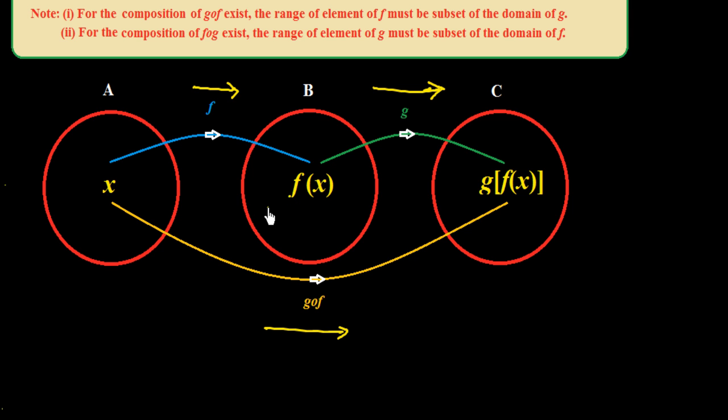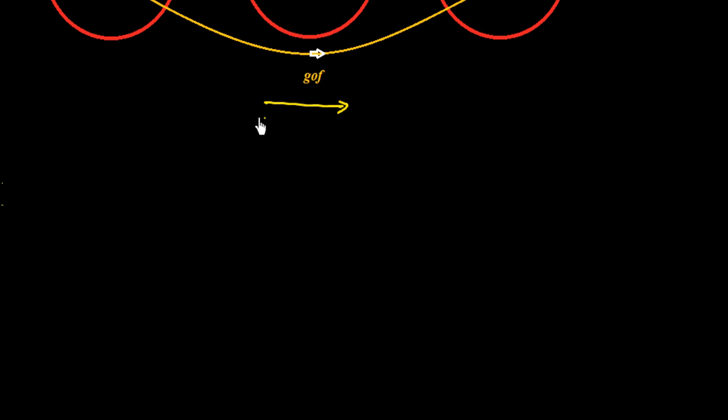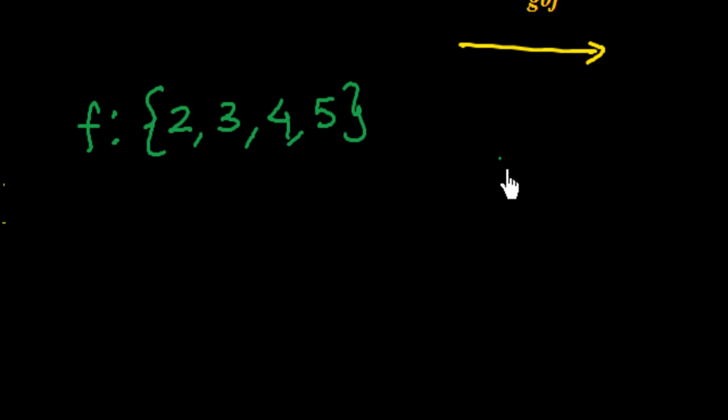Now we take one example to understand in detail how we get the domain and range of these sorts of functions. For better understanding of the composition of functions, we have f with domain 2, 3, 4, 5 and codomain 3, 4, 5, 9.